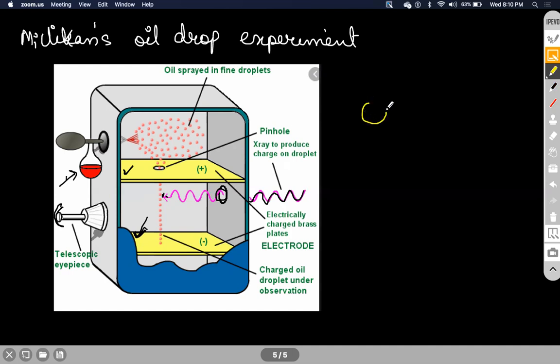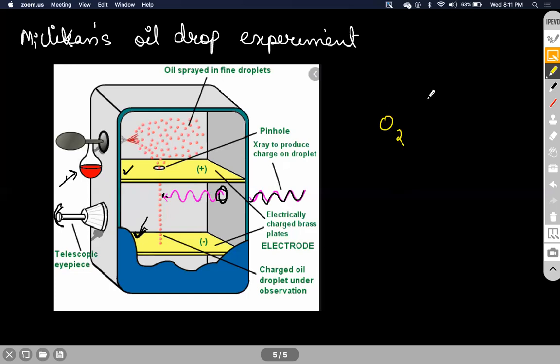If there is some charged oil droplet under observation, here is how it gets charged due to the X-ray. Let's say there is a gas, like oxygen gas. It has not been mentioned, but there is also a very low pressure gas in this setup.